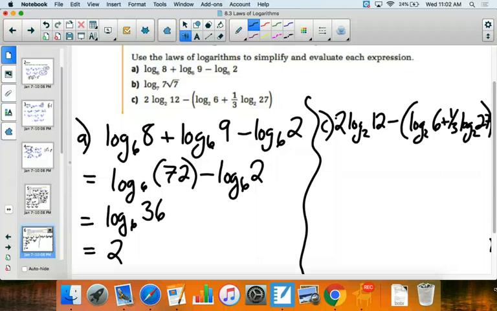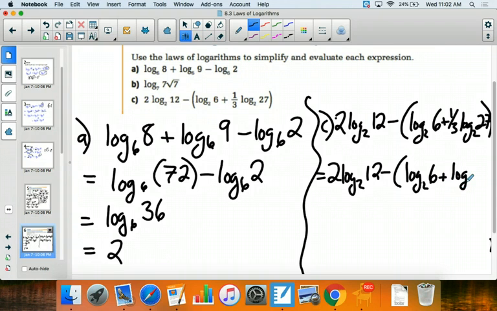Yeah, exactly. So this 1/3 log 27, we'll just leave this first term here alone, right? We're essentially applying this power law, where this 1/3 is going to become an exponent. And I'll just show that intermediate step here. So that's going to become plus log base 2, 27 to the power of 1/3.